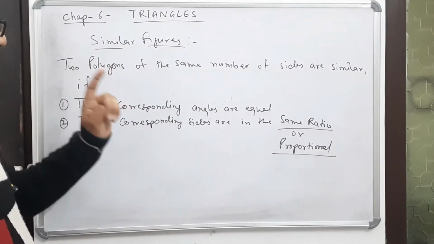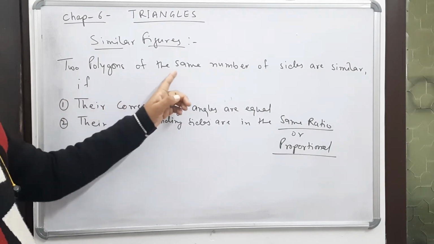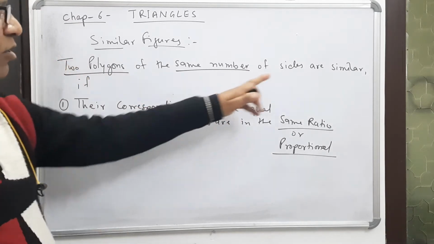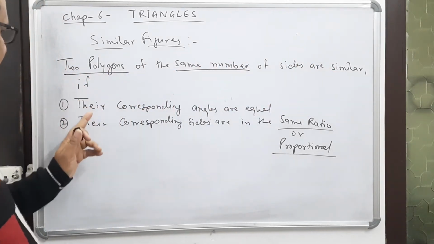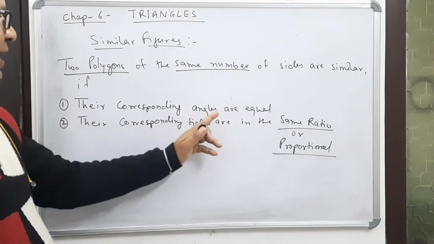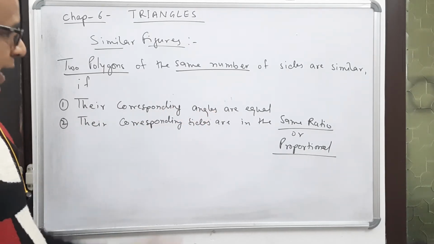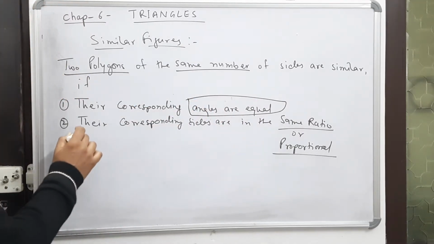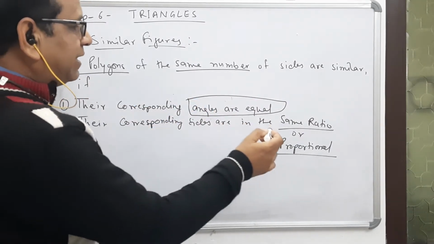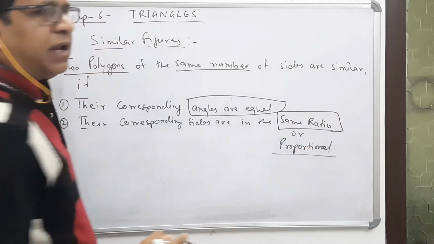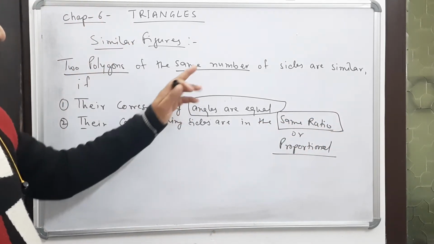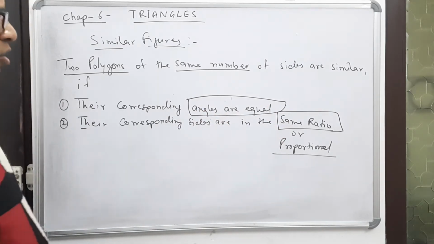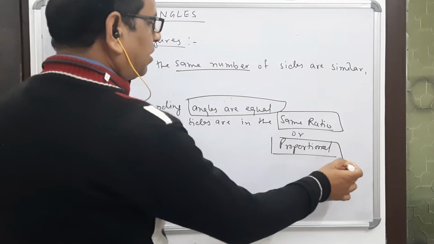As far as polygons are concerned, two polygons with the same number of sides are similar if their corresponding angles are equal. A very important part is that the angles are equal and their corresponding sides are in the same ratio. So in similarity there are two important things: the angles are equal and the sides are in the same ratio, or we say the sides are proportional.